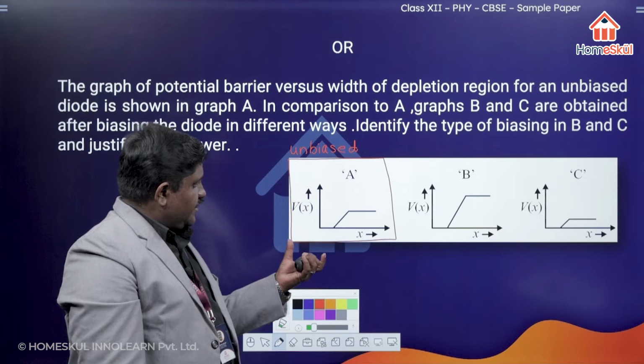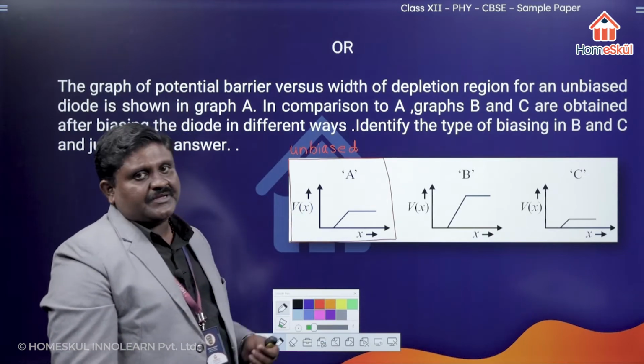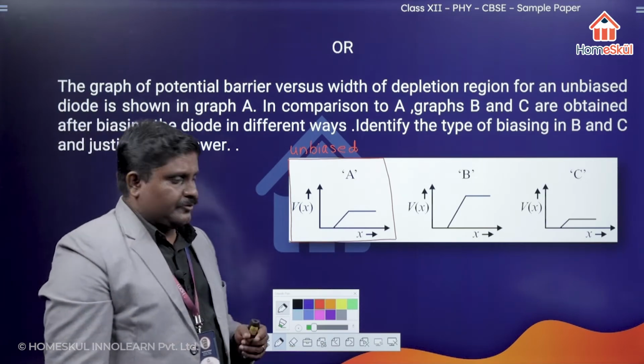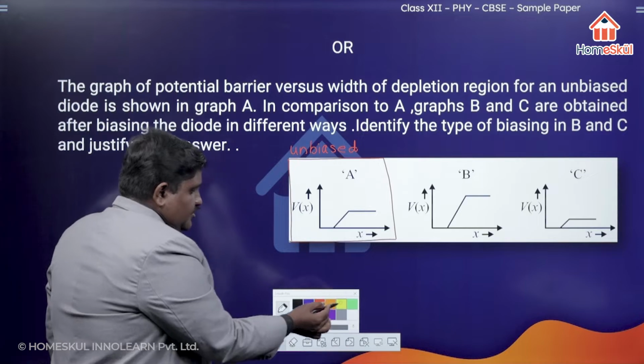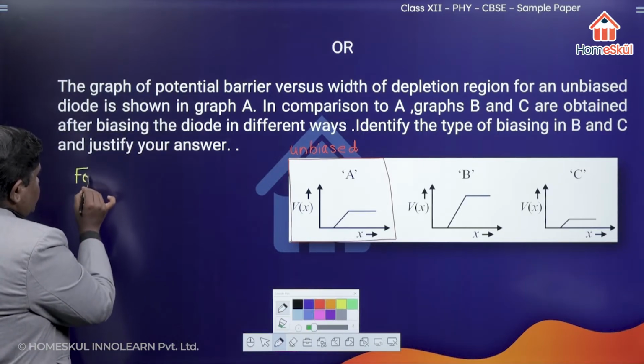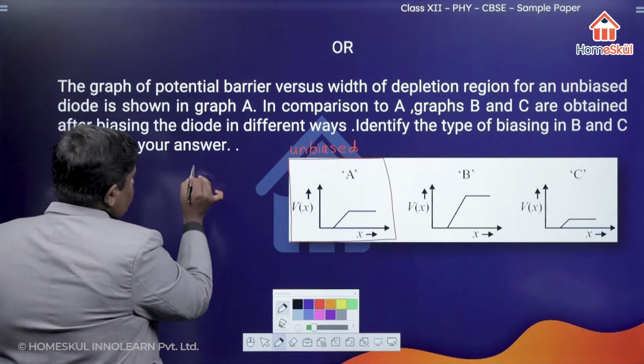Here, just look at this graph. This graph is based on the barrier potential. We already learned that there are two types of biasing. One is forward biasing and the other is reverse biasing.